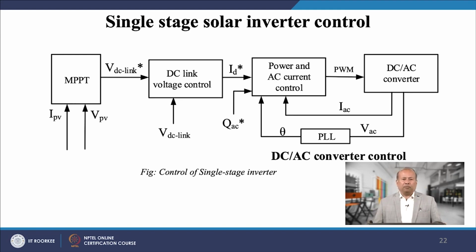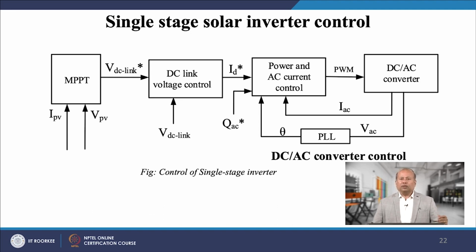This MPPT block gives the DC link voltage reference, the so-called VDC link star. The DC link voltage control tracks the voltage reference by providing the current reference ID star. The innermost current loop tracks the reference current to deliver the maximum power.